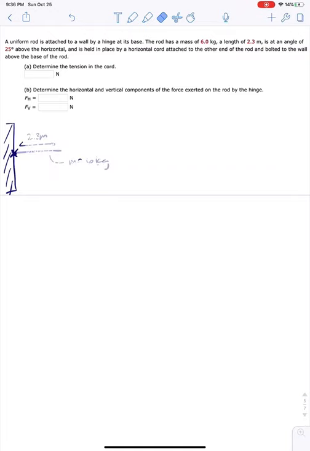So let's fix this picture. So we've got a rod here. It's at an angle of 25 degrees above the horizontal. 6 kilograms, 2.3 meters.